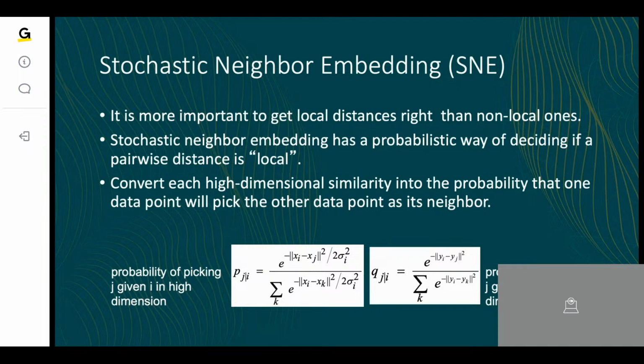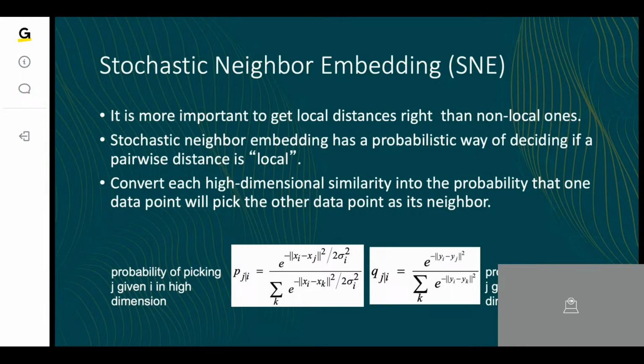So essentially, the way we model this problem is the following: we convert this problem of mapping each data point in high dimensional space X to low dimensional space Y to an equivalent problem. The equivalent problem is that of some sort of probability of picking a neighbor.